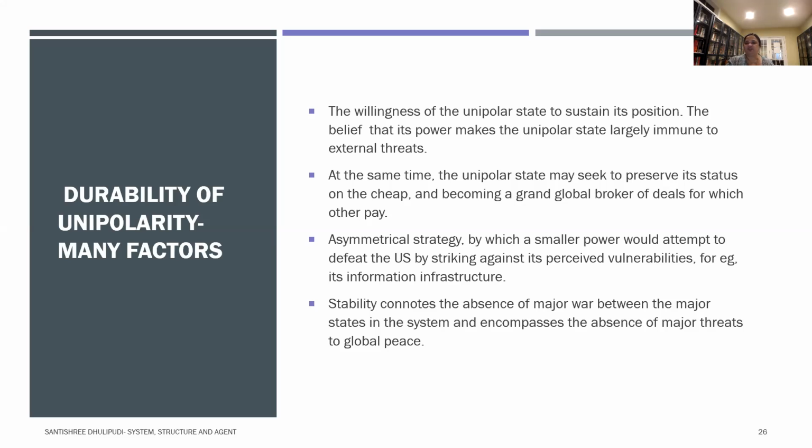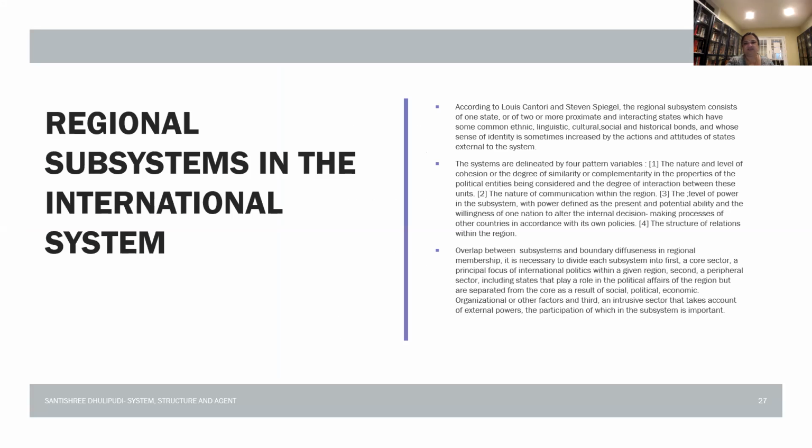Stability connotes the absence of major war between the major states in the system and encompasses the absence of major threats to global peace. Regional subsystems are in the international system. They are defined by pattern variables. One, the nature and level of cohesion, or the degree of similarity and complementarity in the properties of the political entities being considered, and the degree of interaction between these units.